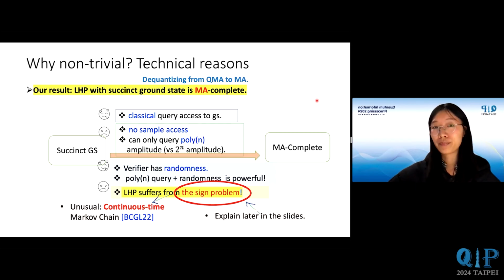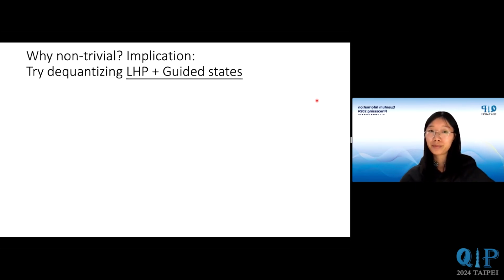So in summary, this is the technical reason. Intuitively, the technical reason is just because we have no sample access. Another perspective to say why the result is non-trivial is via some potential implication of dequantizing quantum advantage.